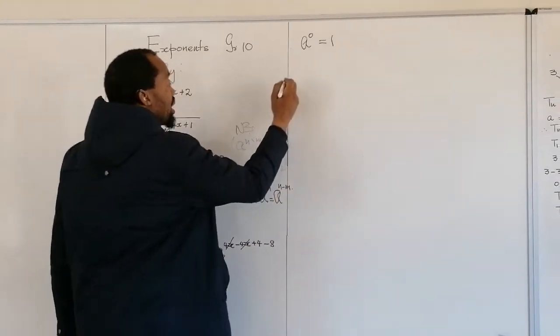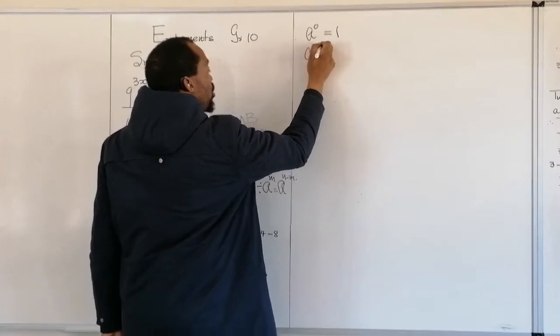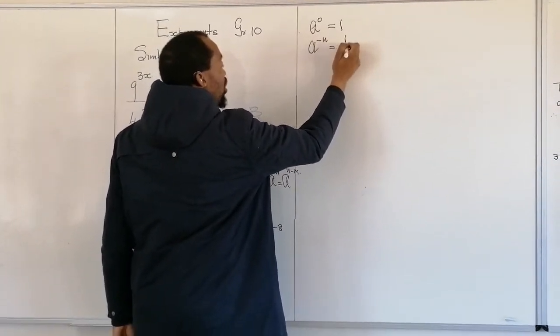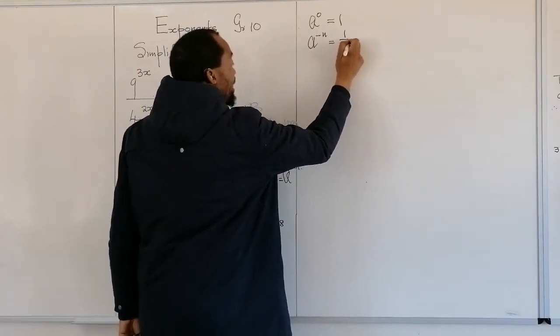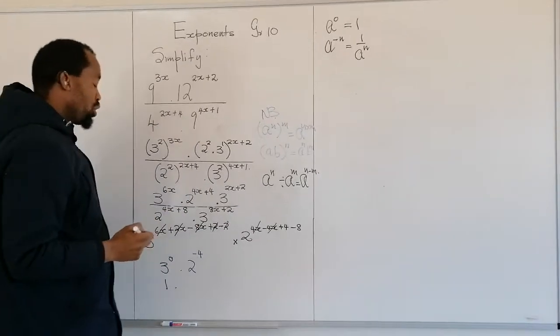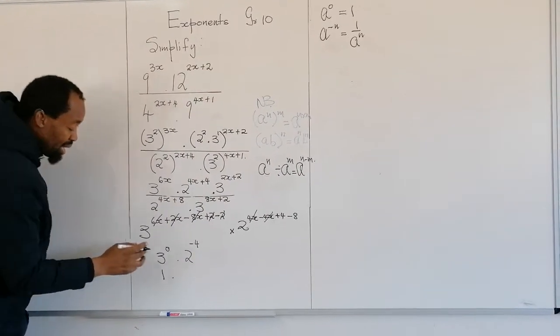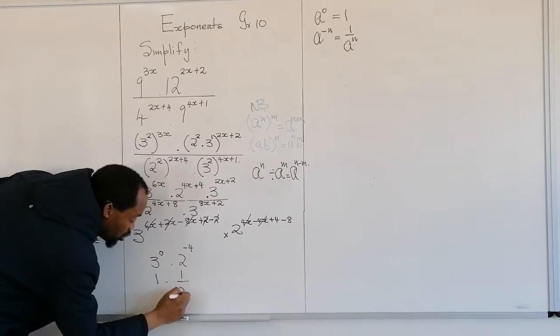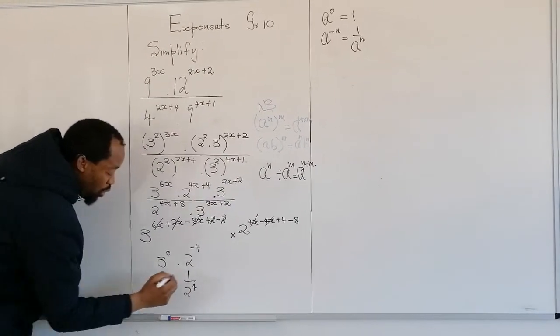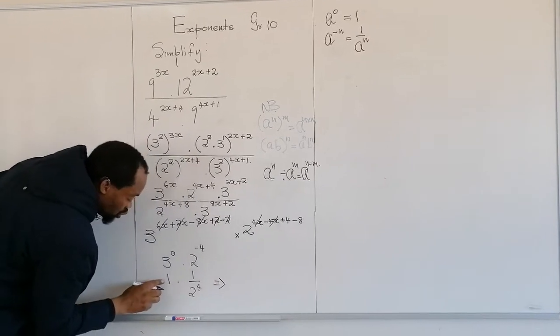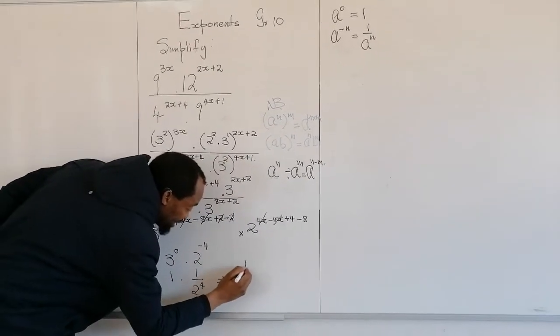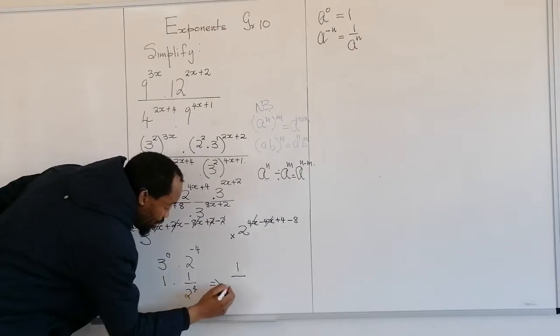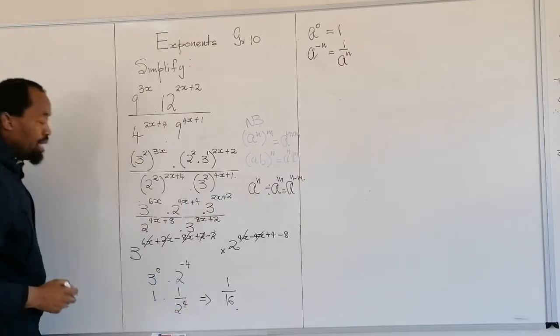Multiplied by, remember that any number to a negative exponent is 1 divided by that number to the positive exponent. That means that this will be 1 divided by 2 to power 4, which is 1 times 1 is a 1. 2 to power 4 is 16.